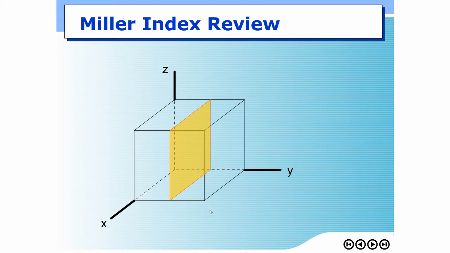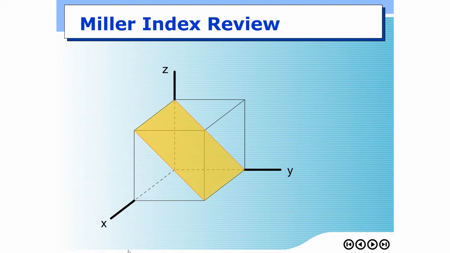So this plane would be represented by the numbers 0, 2, 0. Like so, in this plane, the intersection at x would be at 1 unit, y at 1 unit, and no intersection at z. If you take the reciprocal, you get 1, 1, 0. This plane would be 1, 1, 1. Alright.